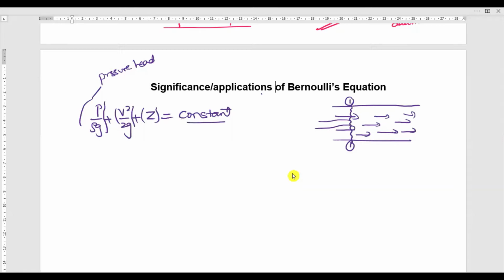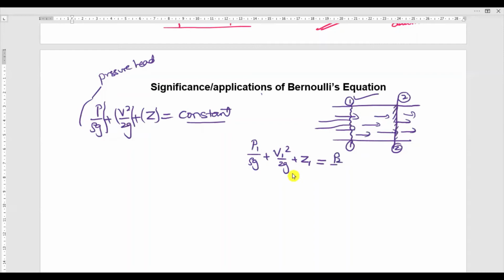That is Bernoulli's equation. Now, if you apply the Bernoulli's equation between two sections, let us take one more section in the pipeline, section 2. Now, I will apply the Bernoulli's equation at point number 1, that is P1 by rho g plus V1 square by 2g plus Z1 is equal to, again, the total energy at section 2 we need to consider.